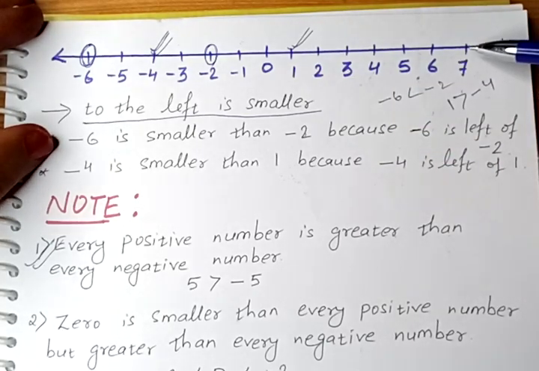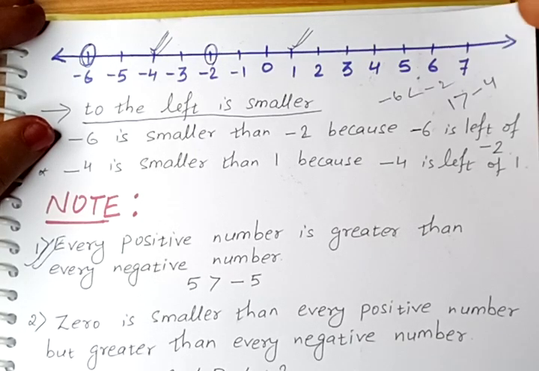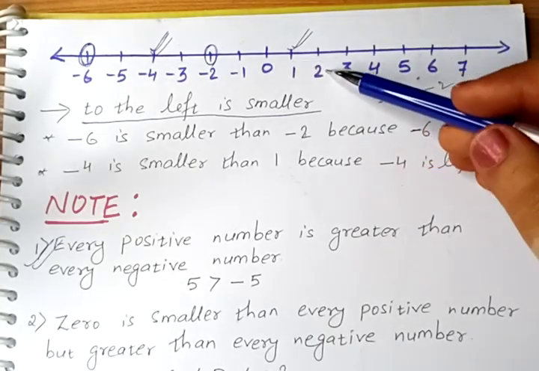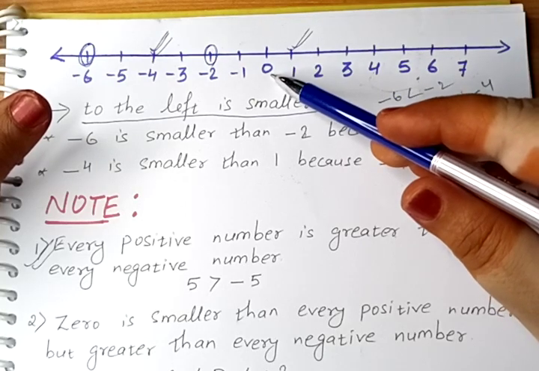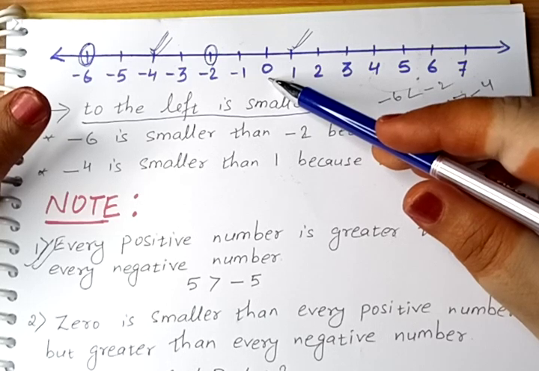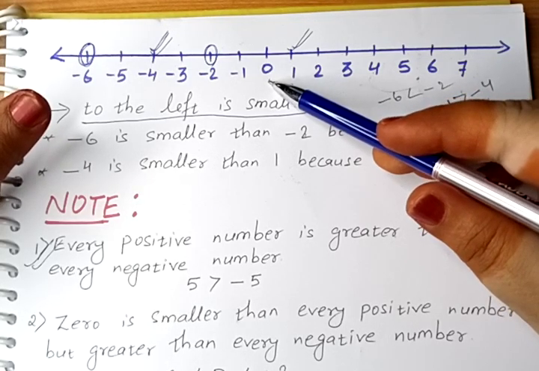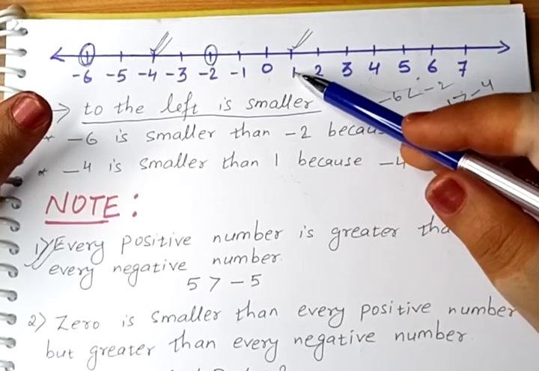We only just discussed this. Numbers which lie on the right side will be greater than the numbers which lie on their left side. You can see all the positive numbers start from 1, because 0 is neither positive nor negative. Remember, children, 0 is a unique number. It's neutral, neither positive nor negative. So positive numbers start from +1.